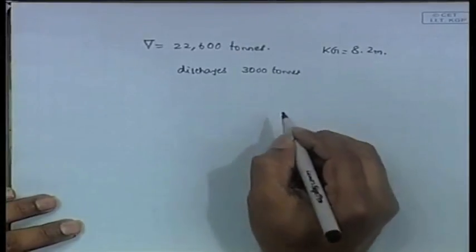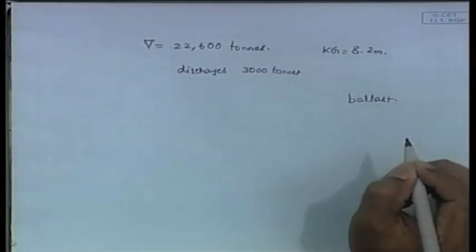Ballast means water that is taken into the vessel for many purposes, usually taken from the sea itself, from the port. The main reason for ballast is, suppose you want to increase the draft, to push the ship down, you take in water, then obviously it will come down. Similarly, when you want to push the ship up, you remove the water. That process of taking in and relieving water is called ballasting.